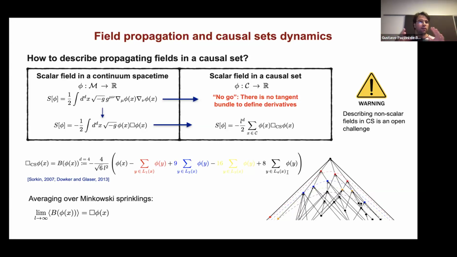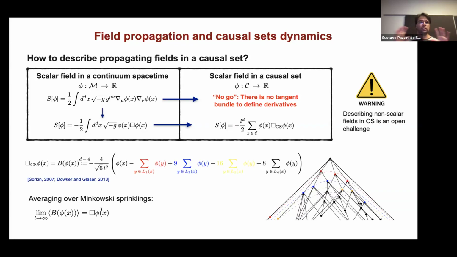You have to do a long calculation, but you fix these coefficients by demanding that once you take this operator, average over sprinklings, and take the continuum limit, sending the discreteness scale to 0, then you recover the D'Alembert operator.